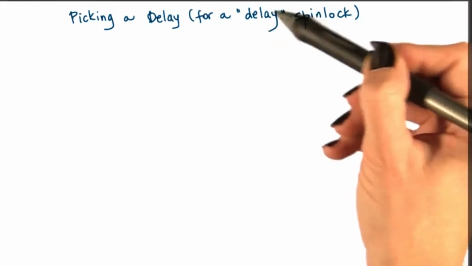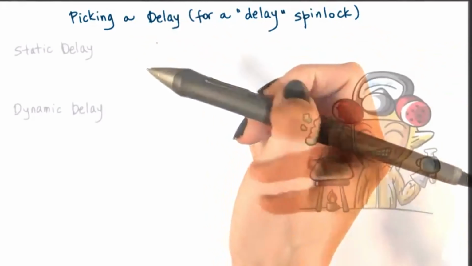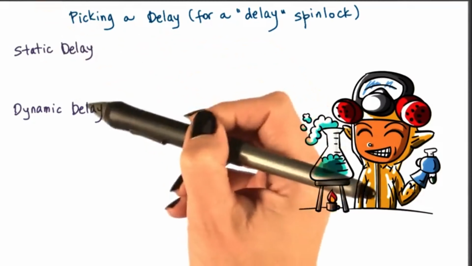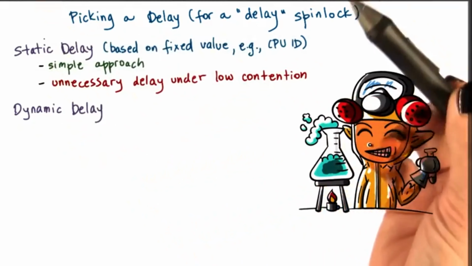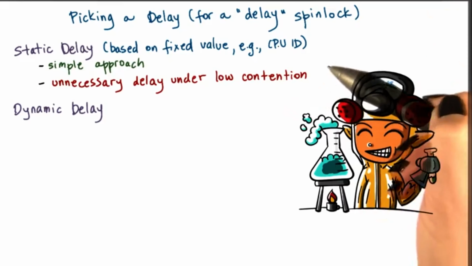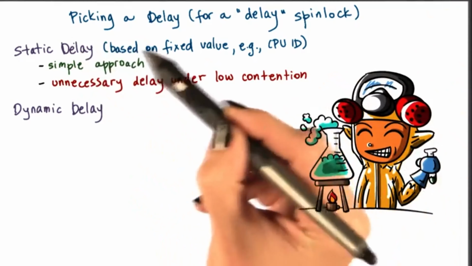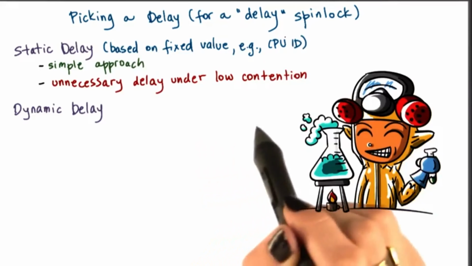One issue with the delay-based spin locks is how to pick a good delay value. Two basic strategies make sense: static delay and dynamic delay. For static delay, we can use some fixed information, like for instance the CPU ID where the process is running, in order to determine a delay that will be used for any single process that ends up running on that particular CPU.